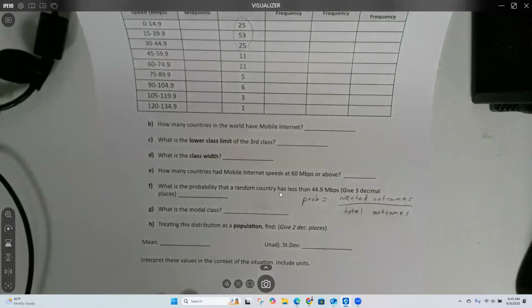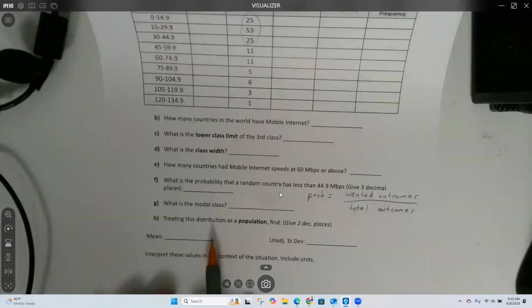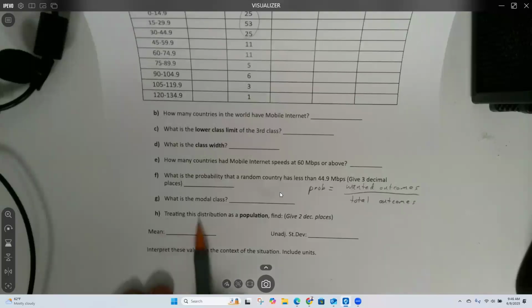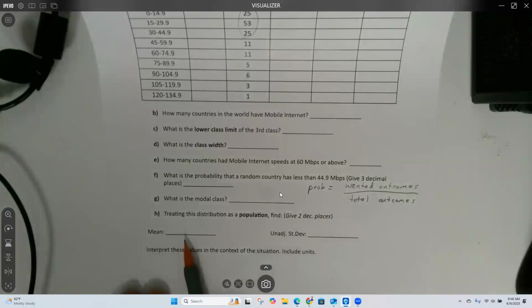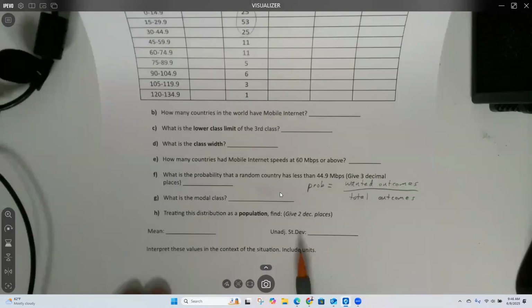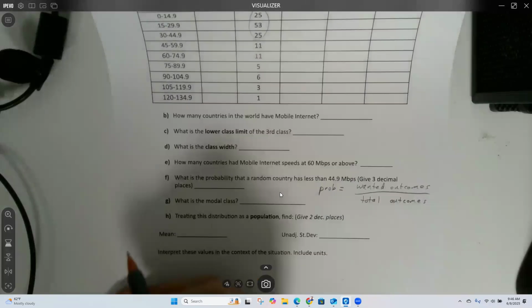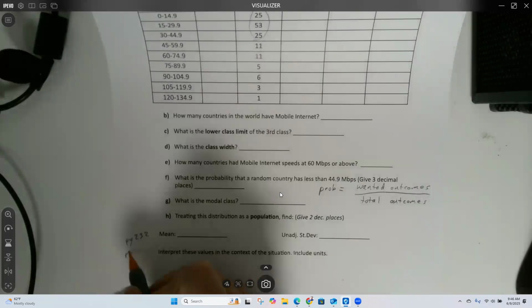All right. For H, treating this distribution as a population, give two decimal places. Find the mean and the unadjusted standard deviation. To do that, on page 232 in our course pack, we use method 2.